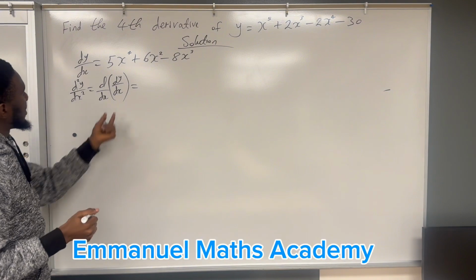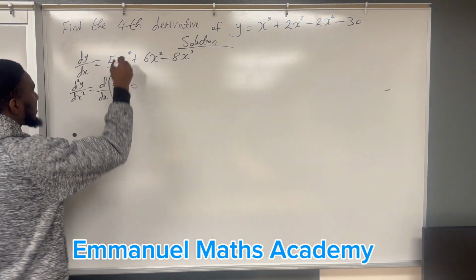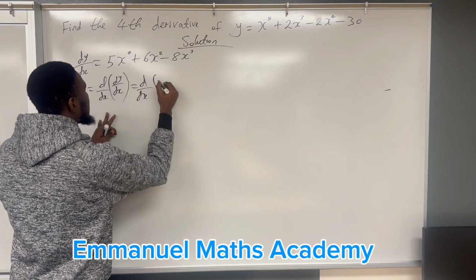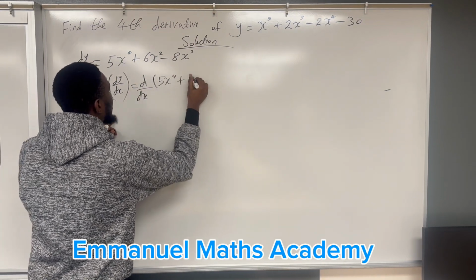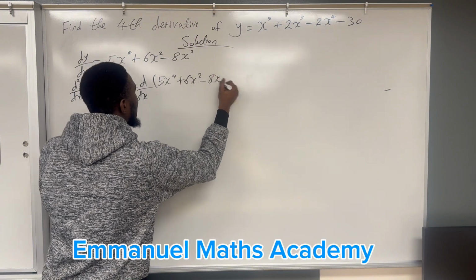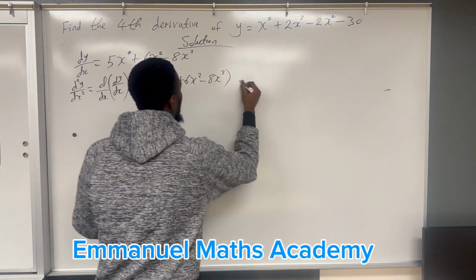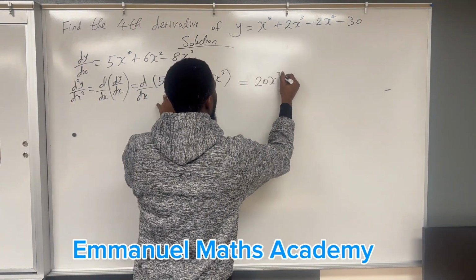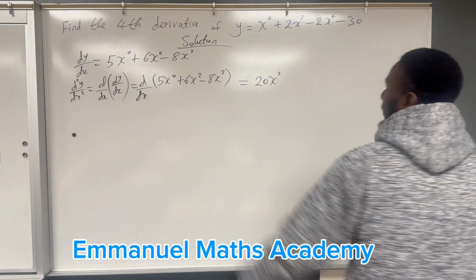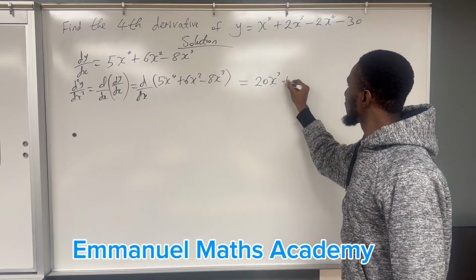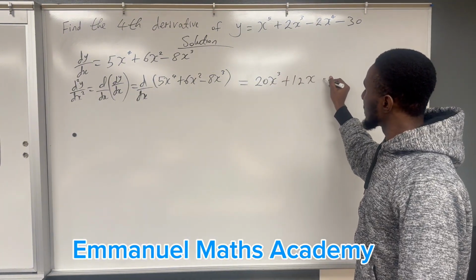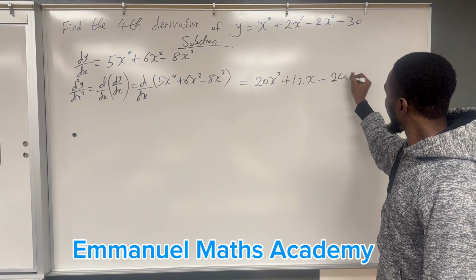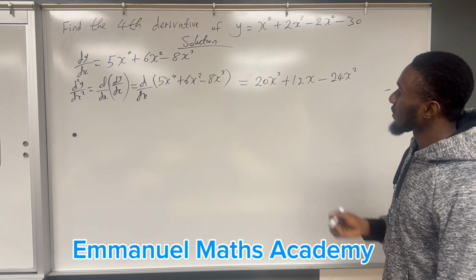So if we differentiate this the second time, let me write it out: d over dx of 5x power 4 plus 6x power 2 minus 8x power 3, which is equal to, here we have 20x power 3, plus 12x, minus 24x power 2. Right?